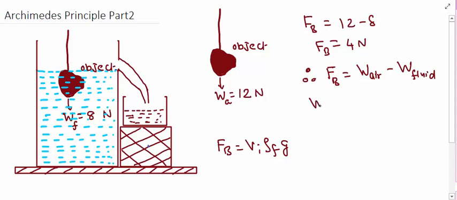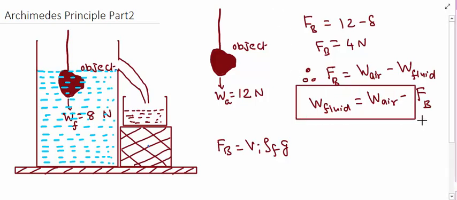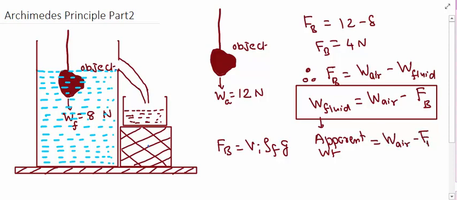Or we could write this as weight in fluid is equal to weight in air minus upthrust. And this weight in fluid is also known as apparent weight. Apparent weight is equal to W air minus upthrust.